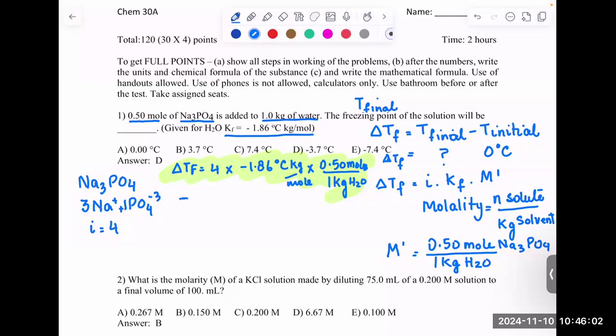So the formula would be the rearrangement. Delta T is equal to T final minus T initial. So T final is equal to delta Tf plus T initial.